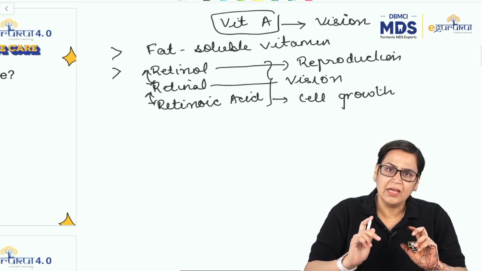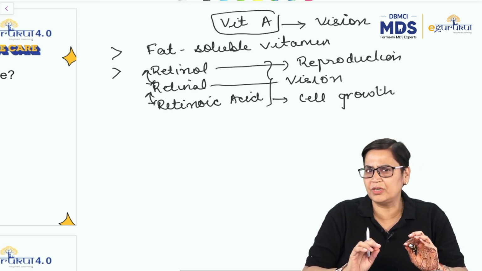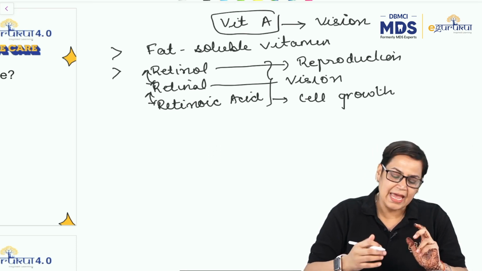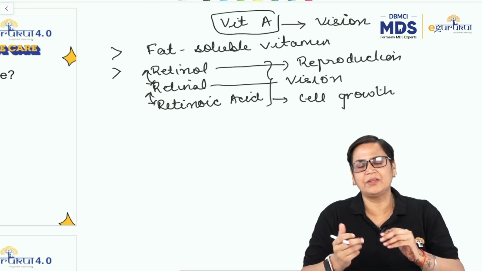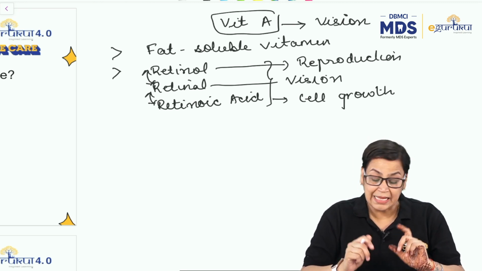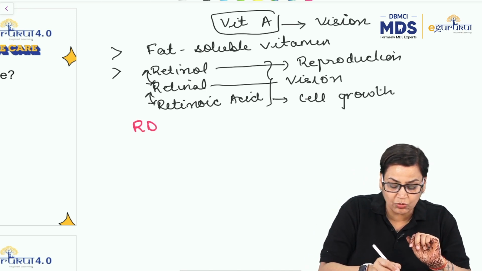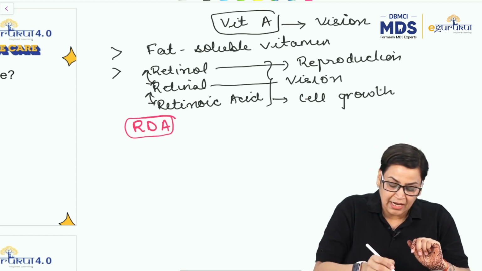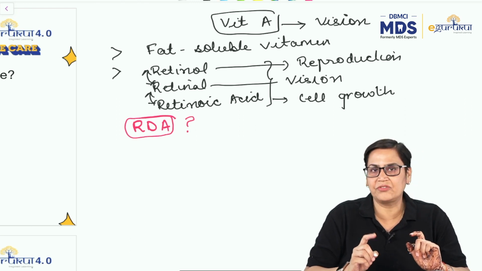Now see, always remember vitamins play a very important role in normal functioning of the body, right? And obviously most of them are not synthesized in the body, so they have to be taken from outside diet. Now there has to be a recommended dietary allowance for all the vitamins. What is the significance of this recommended dietary allowance?